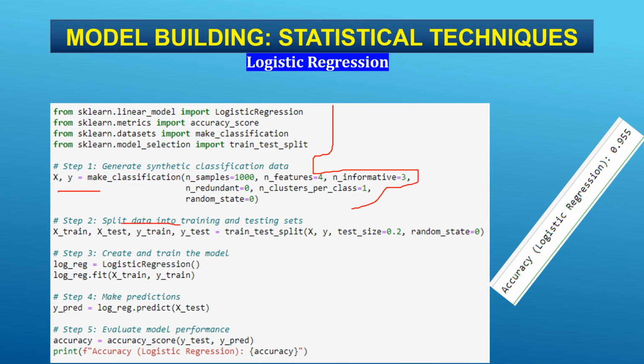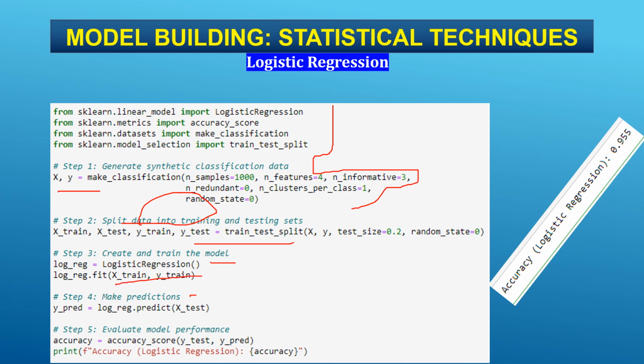Split data into training and testing: divide the synthetic data into training and testing sets to train the model on one set and evaluate it on the other. Create and train the model: initiate a logistic regression model and train it using the training data X_train and y_train.